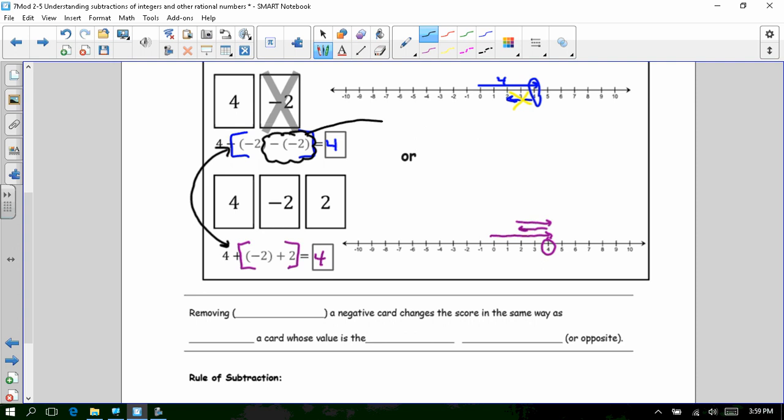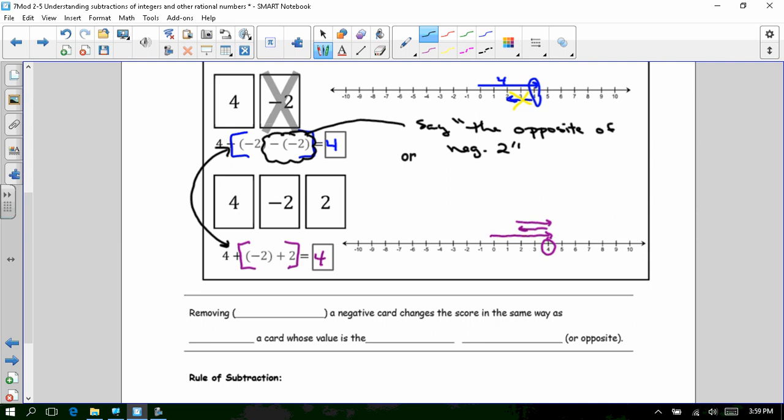When you see that, this is how I want you to say it. I want you to say the opposite of negative 2. If you say it as the opposite of negative 2, think in your head, what is the opposite of negative 2? Well, it's positive 2, right?